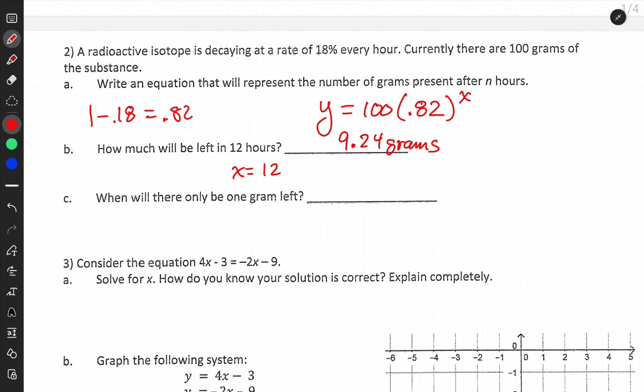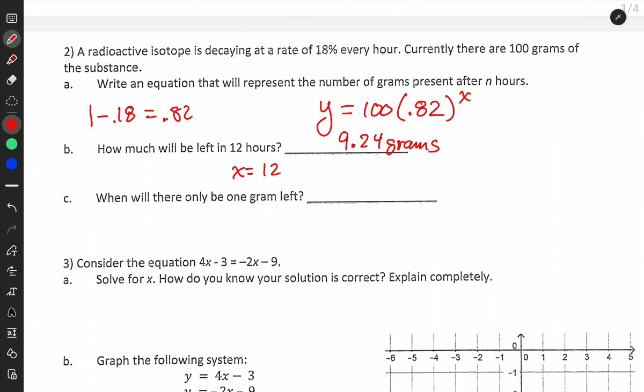Next, it says, when will there only be 1 gram left? So I could keep pressing. My fear there is that as I do that, I lose track of how many times I've pressed it. Let me try it.